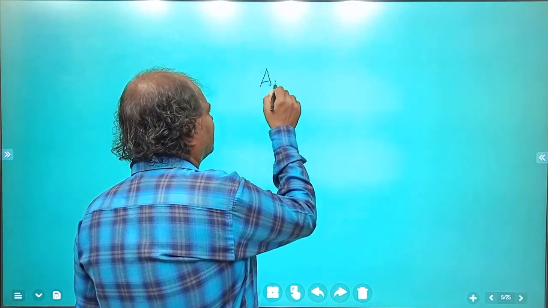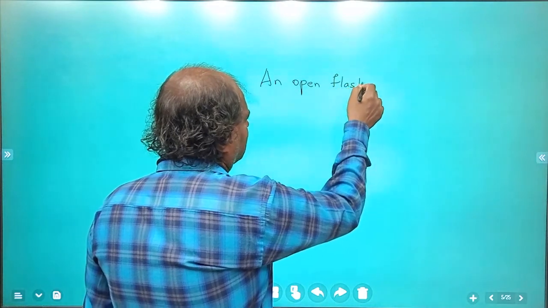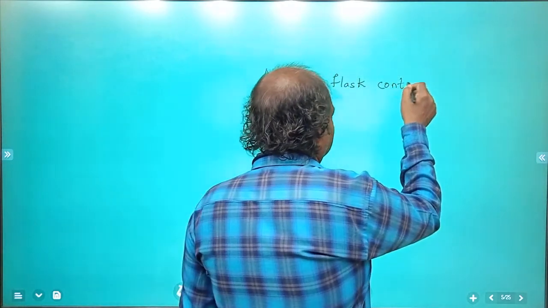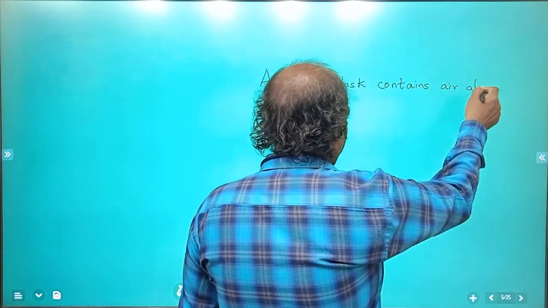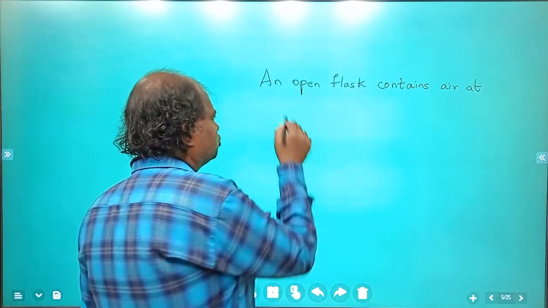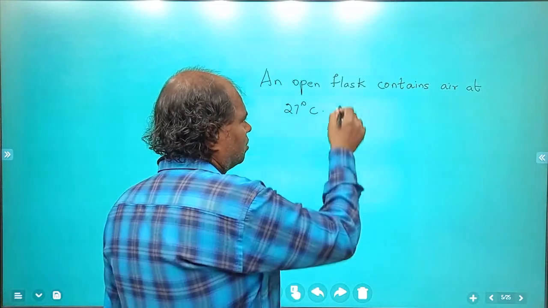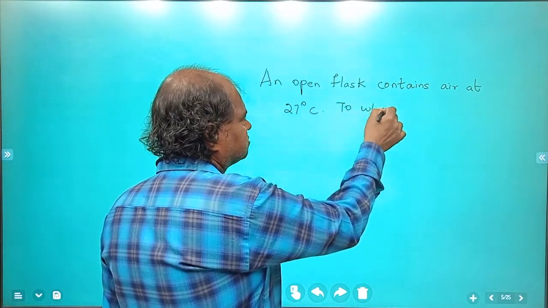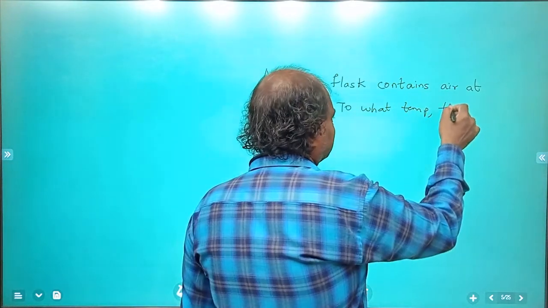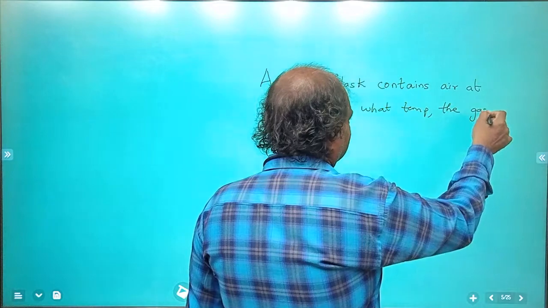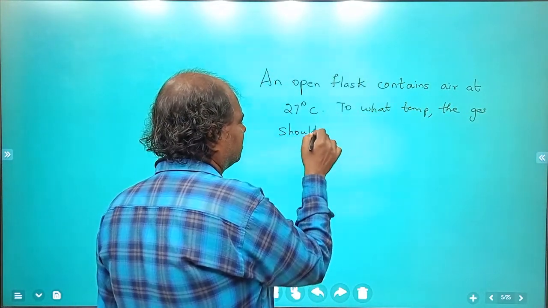Suppose I say an open flask contains air. An open flask contains air at 27 degrees Celsius. Okay. To what temperature the gas should be heated? To what temperature, right? The gas should be heated, right?